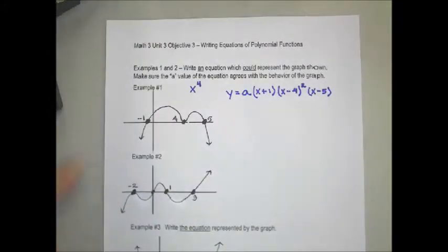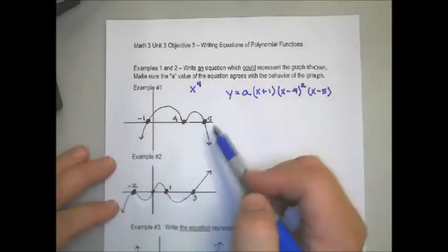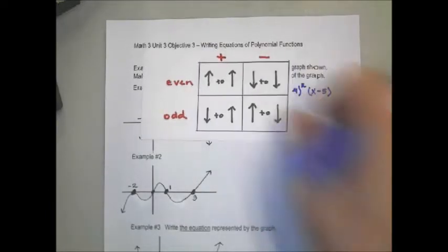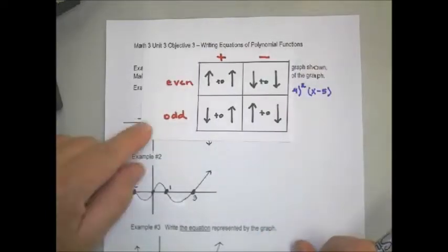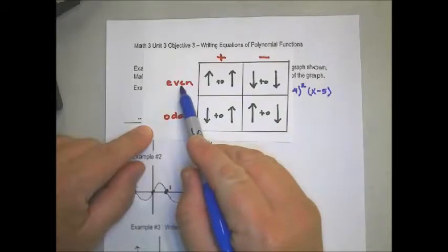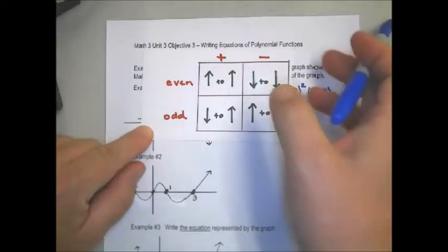Now, if the power is even, what does it take for the graph to go low to low? Well, you go back to that chart we made right here. I even have one. I use it as a little cheat sheet. Low to low with an even power means my leading coefficient had to have been negative.